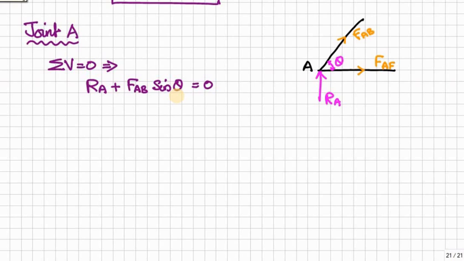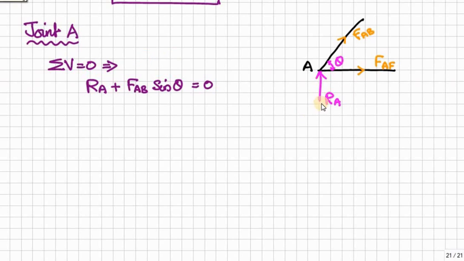But next we have to decide whether it is negative or positive. For that, just rotate this one like this. But still RA is upward. Here this component is also upward. So in sigma V is equal to 0, we group all upward forces equal to all downward forces.